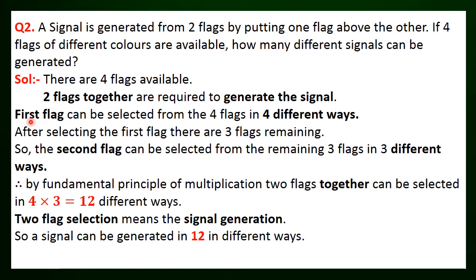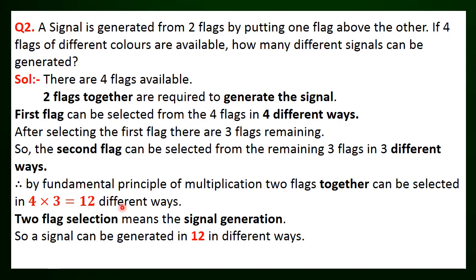So the first flag can be selected from the 4 flags in 4 different ways, that we know. There are 4 flags, so we can choose any one in 4 different ways. Now, after selecting the first flag, there are 3 remaining. So the second flag can be selected from the remaining 3 flags in 3 different ways. So choosing the 2 flags together can be done in 4 into 3 equal to 12 different ways.